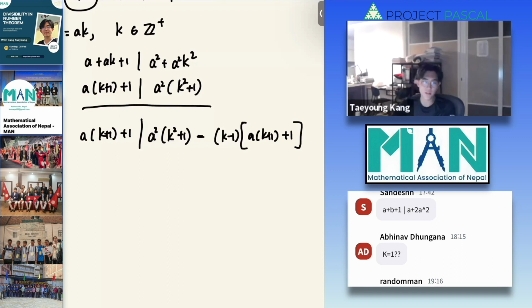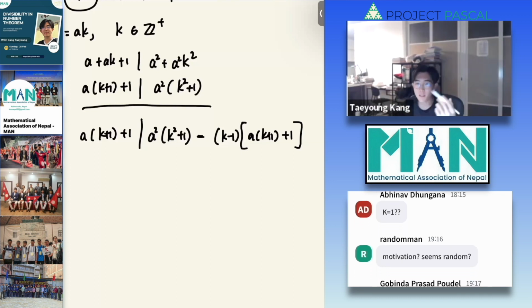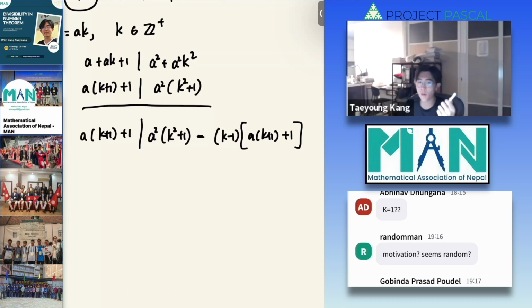Do you guys understand why this is true? This is because if the right hand side is a multiple of the left hand side, I can add or subtract as many copies of the left hand side as I want, and the right hand side will still be divisible by the left hand side. Someone asked for the motivation of doing this, and I'll tell you. We see a k squared plus 1 term here, right?